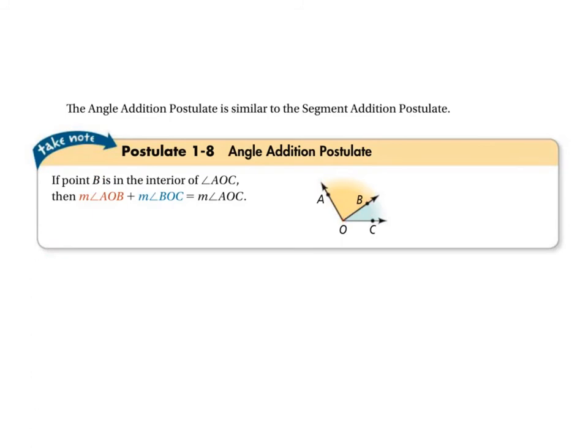And then you get two angles, angle AOB and angle BOC. The measure of angle AOB plus the measure of angle BOC will be equal to the measure of that larger angle, the measure of angle AOC.